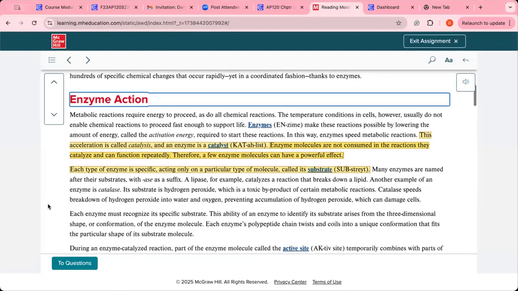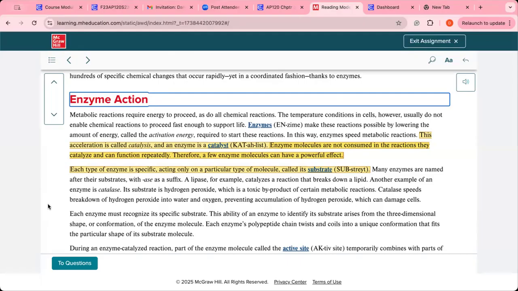Okay, so enzymes make these reactions possible by lowering the amount of energy, called the activation energy, required to start reactions. In this way, enzymes speed metabolic reactions. This acceleration is called catalysis, and an enzyme is called a catalyst.